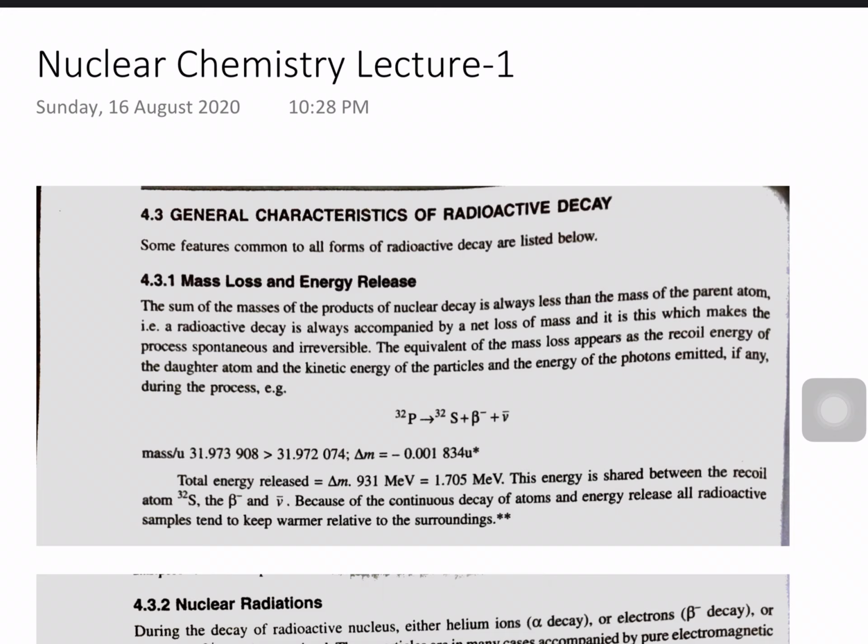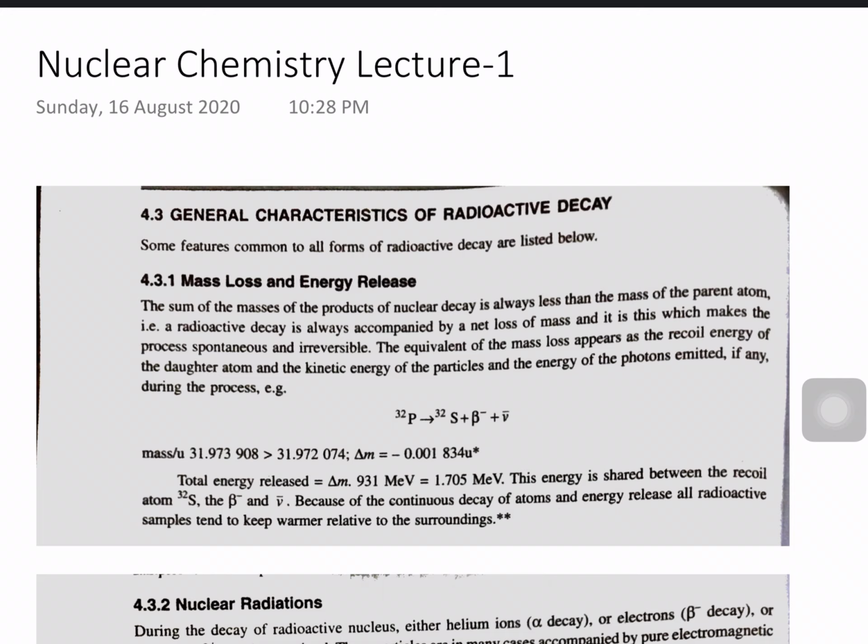Some features common to all forms of radioactive decay are listed below. The first is mass loss and energy release. The sum of masses of products of nuclear decay is always less than the mass of parent atom. That is, a radioactive decay is always accompanied by a net loss of mass, and it is this which makes the process spontaneous and irreversible.